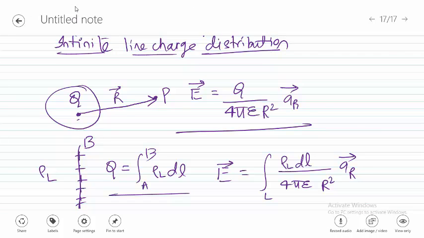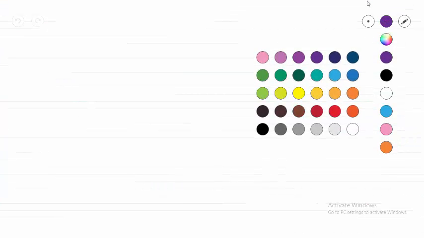With these things in mind, we'll proceed to finding the electric field intensity at a point due to an infinite line charge distribution. But before that we will consider only a finite line charge distribution.